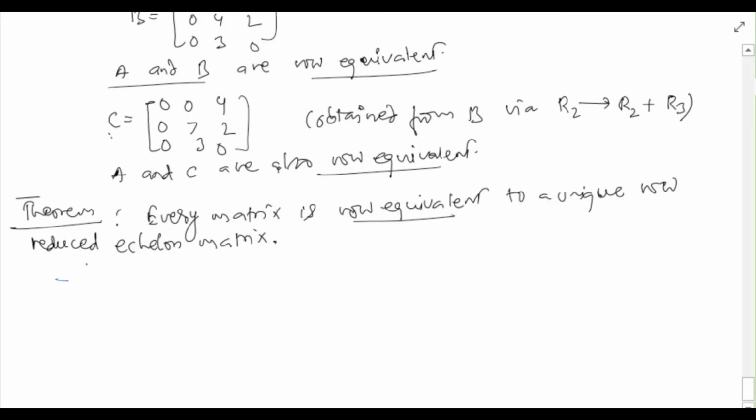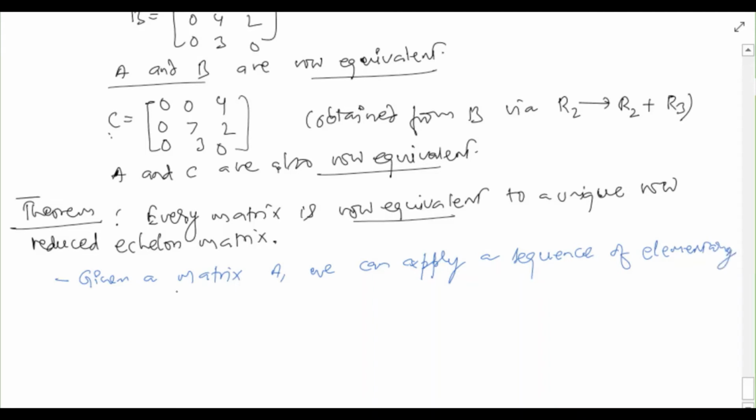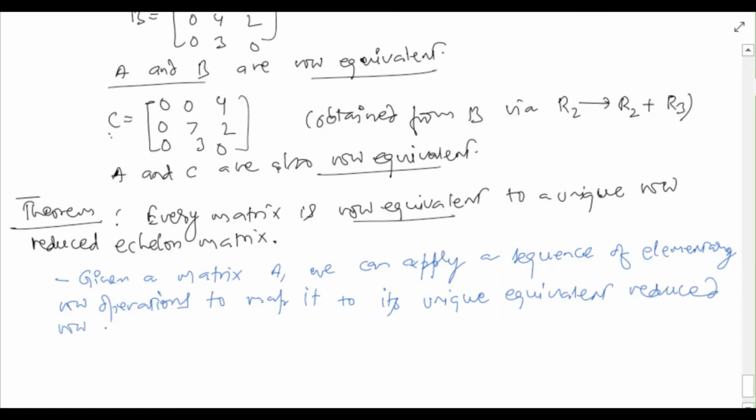In fact, given a matrix A, we can apply a sequence of elementary row operations to convert it to its unique equivalent reduced row echelon matrix.